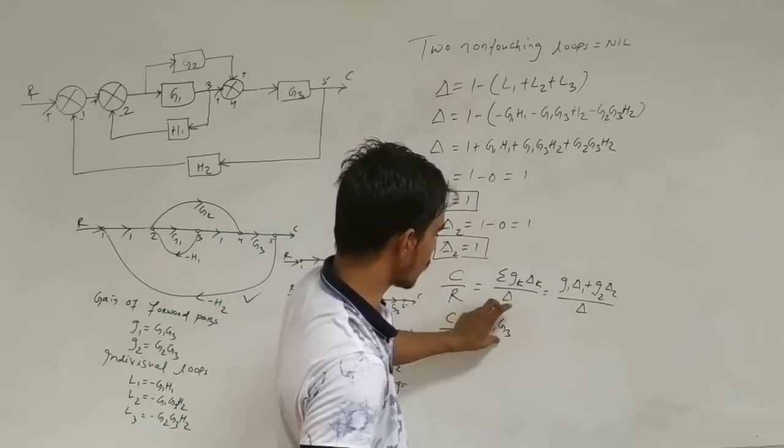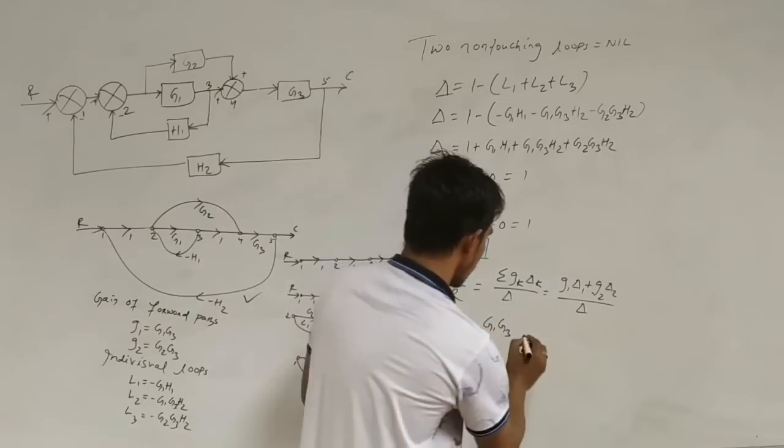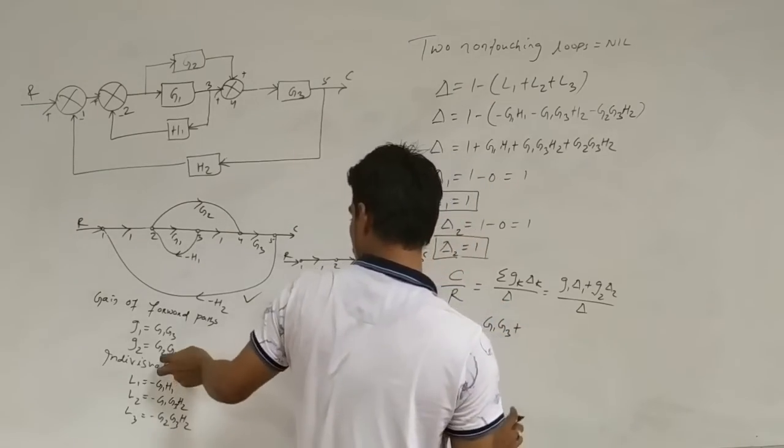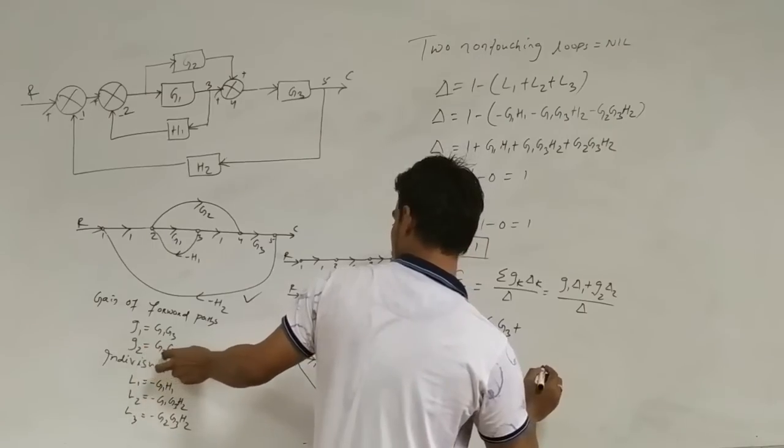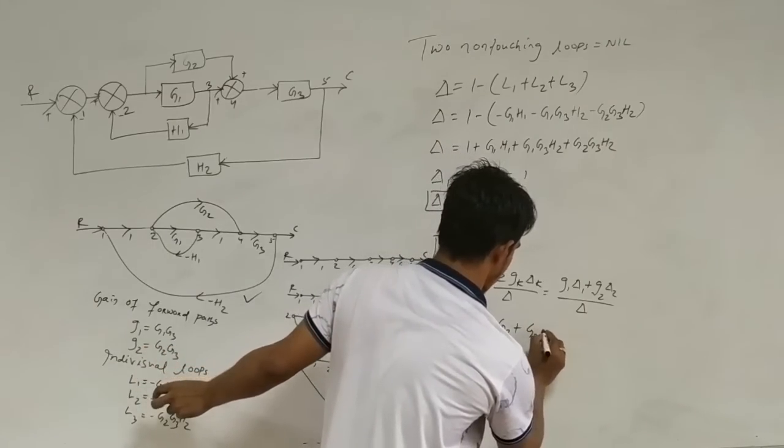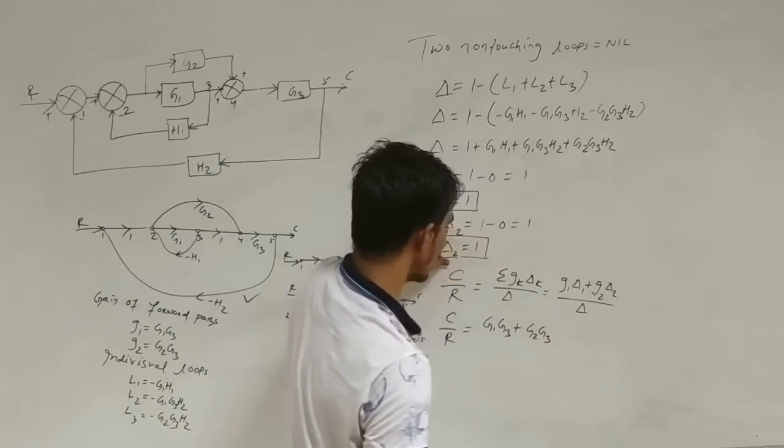So G1 into G3 into 1, that is G1 G3 plus G2 into G3 into delta 2, also 1.